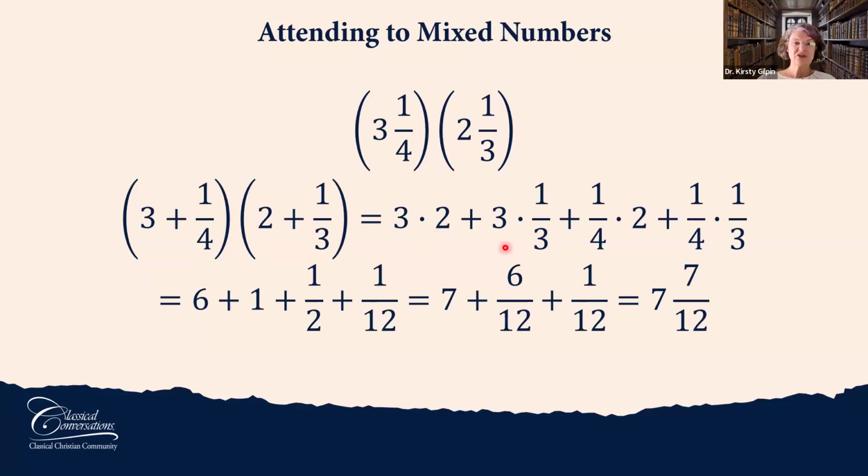So here's my distribution. Then I'm going to simplify. So 3 times 2 is 6. 3 times 1/3, multiplicative inverse, that's 1. And then I have 1/4 times 2, and that simplifies to 1/2. And then 1/4 times 1/3 simplifies to 1/12.